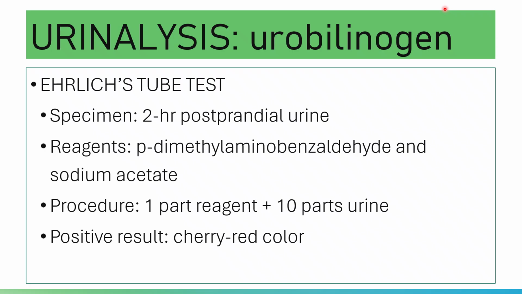For the procedure, you utilize one part of the reagent plus 10 parts of urine. The positive result is a cherry red color. Please note that qualitative testing for urobilinogen and porphobilinogen may be performed when the reagent testing indicates more than 1 milligram per dL of Ehrlich reacting substance present in the urine.